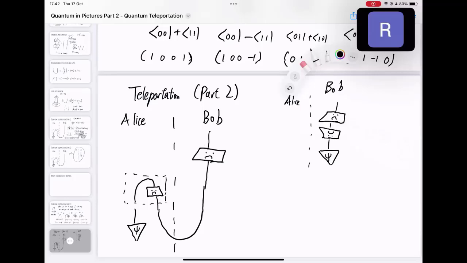Yeah, so it turns out that because this error box is in fact an isometry, this is actually equal to, they just cancel out. So Bob actually finally arrives at the corrected quantum state that Alice had, no errors.